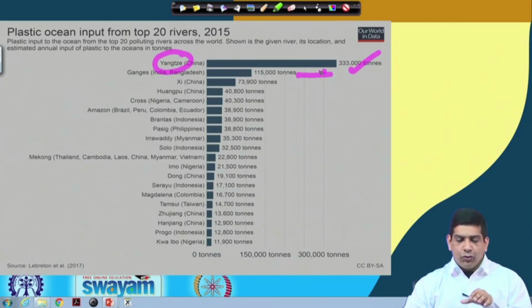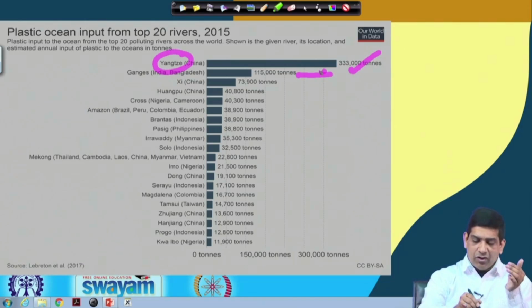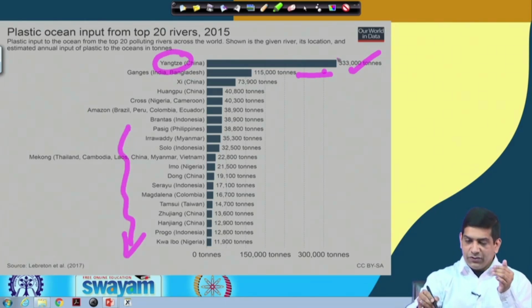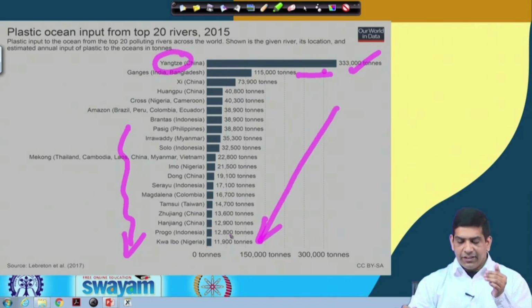Then the Yangpu River, which is another Chinese river. Then we have a Nigerian river, Cross, the Amazon, which comes from Brazil, Peru, Colombia, and Ecuador, Brantas in Indonesia, and Pasig, a Philippines river. As you can see, the list goes down from 333,000 tons all the way to 11,900 tons.